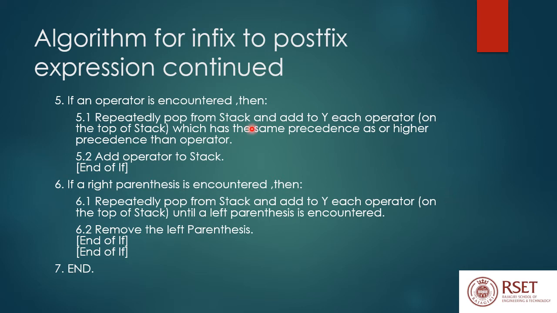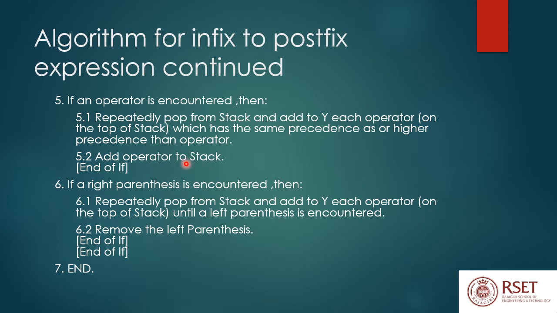That is mentioned here: repeatedly pop from the stack and add to y, which is the postfix expression, each operator on top of the stack that has the same or higher precedence than the incoming operator. Then add the incoming operator to the stack.